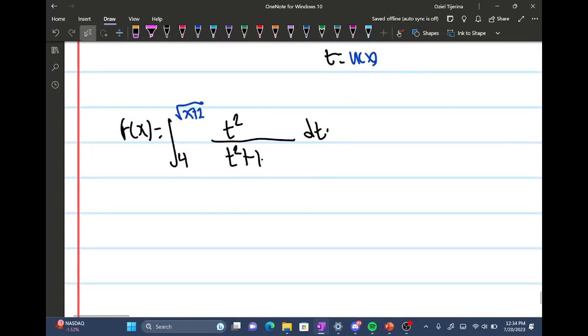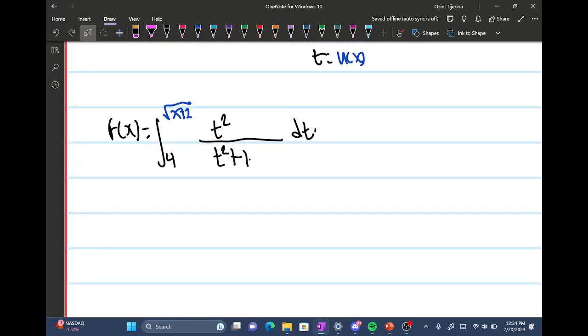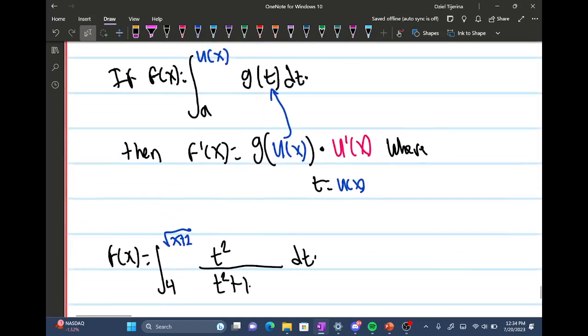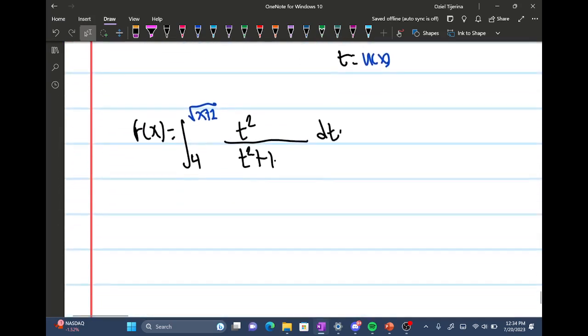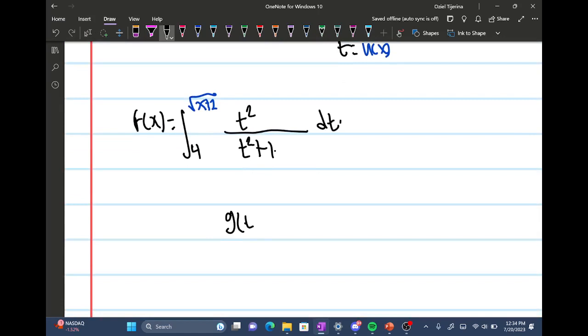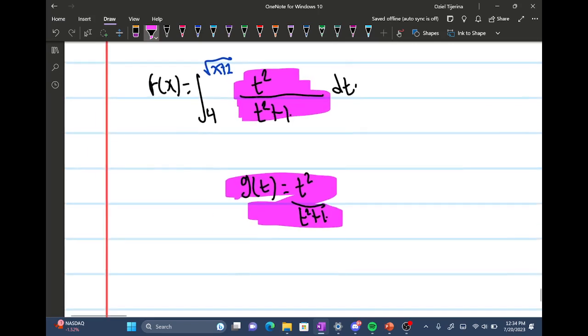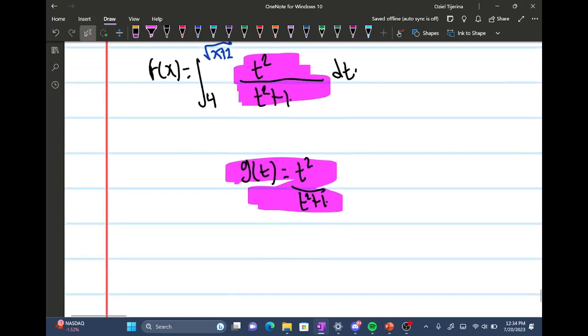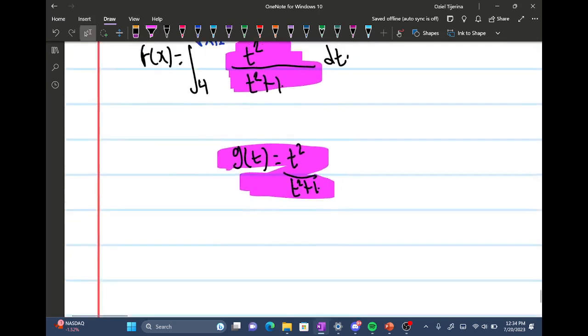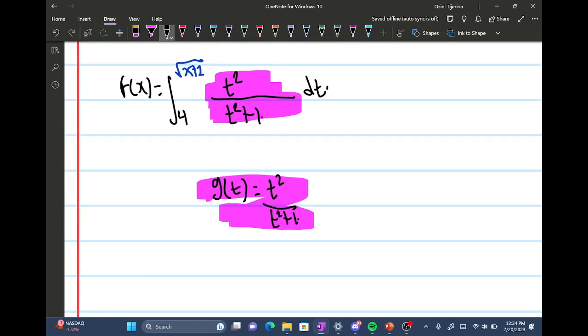Right. So then what I'm going to do here, I know that g of t is t squared over t squared plus 1. And now I'm going to evaluate, because I know that u of x is the square root of x plus 2.